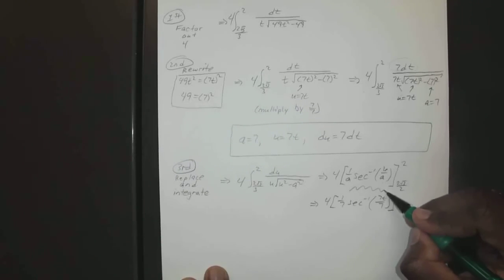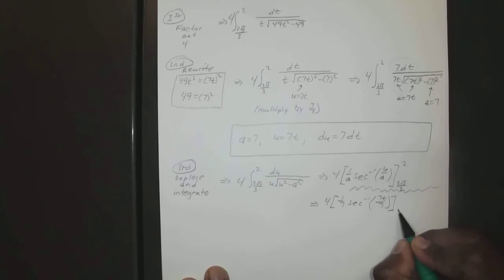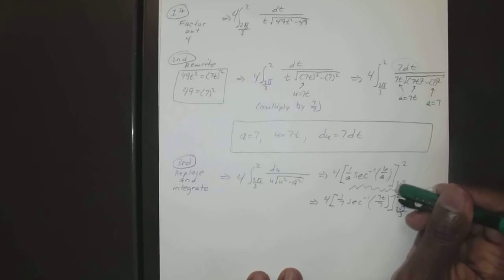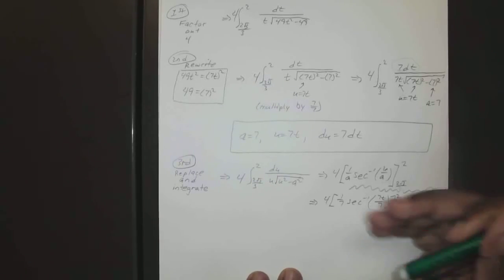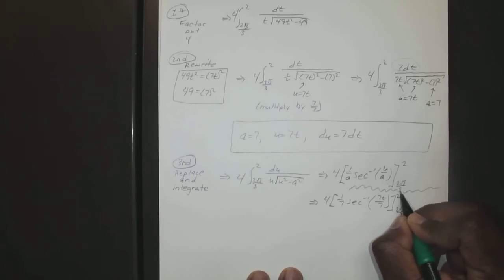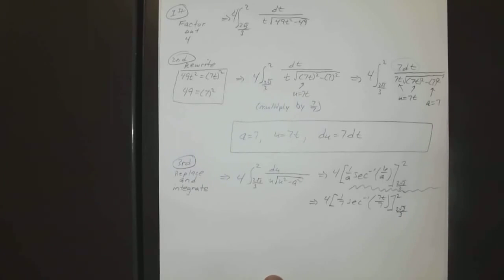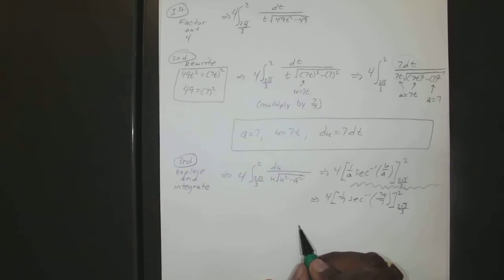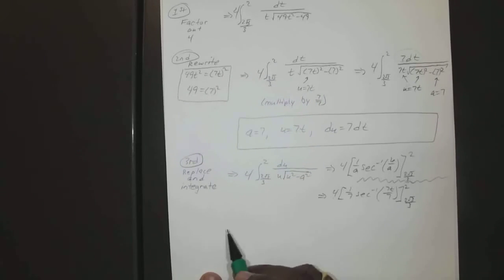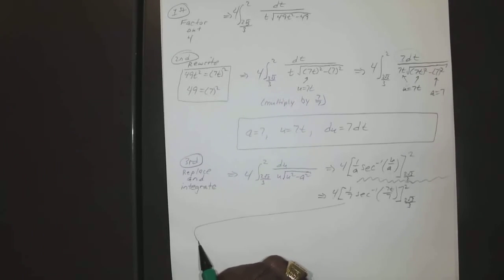That would be from 2 square root of 3 over 3 to 2. Why did I put 2 there? Should be 3. Did it right the last time. Okay, so we can bring that 1 over 7 out. Actually, I'll bring that right on over to the beginning so we can go ahead and just solve it.